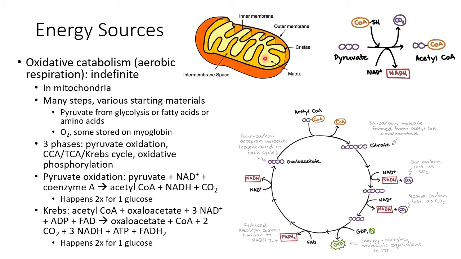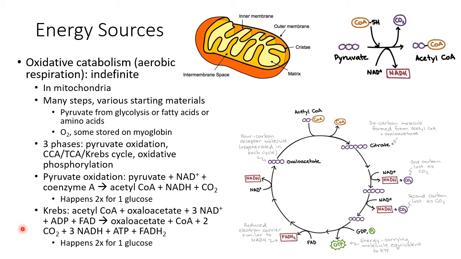There's a lot of different steps in oxidative catabolism. Really, very, very many steps. And you can use a lot of different starting materials. Usually cells would be using pyruvate that comes from glycolysis. But you could also be using fatty acids from fats or amino acids from proteins. So if you are running low on glucose, then you can't make pyruvate in glycolysis.